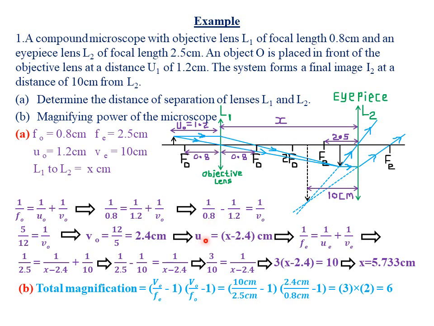Therefore, the object distance, that is the distance from here up to the eyepiece, this particular small distance here, will simply be given by x minus 2.4 centimeters.